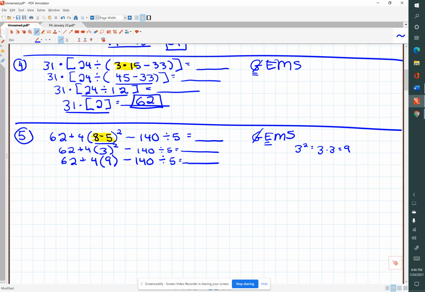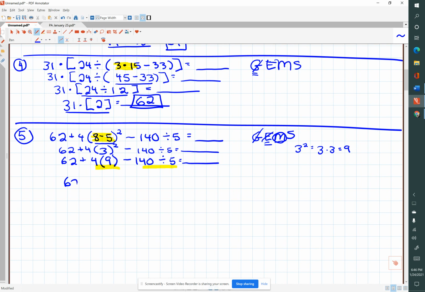So let's see what we have. We have addition, multiplication, subtraction, and division. So we can go ahead and do our multiplication and our division, because we have to do all of the multiplication and division before we do the subtraction and addition.